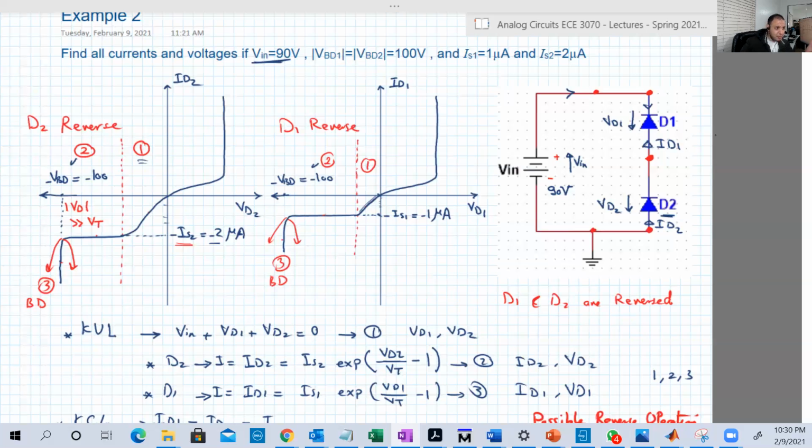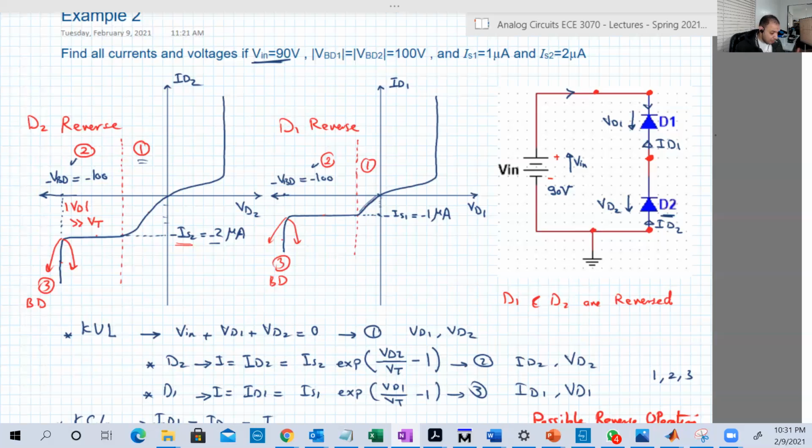It will be 90 minus, let's say even 100 millivolt, which is 4 times larger than VT. So 90 minus 0.1 minus 0.1 will give you 89.8. It's not 0. So one of them is in region 2, one of them is in region 1.